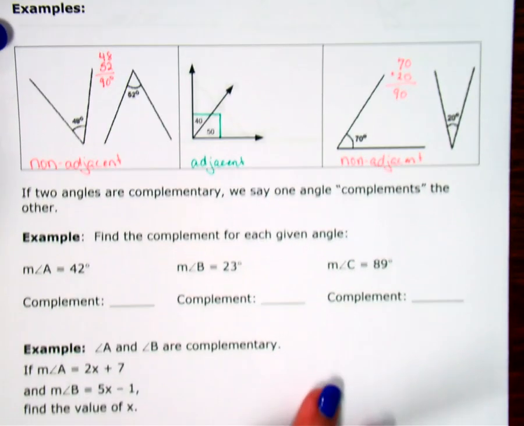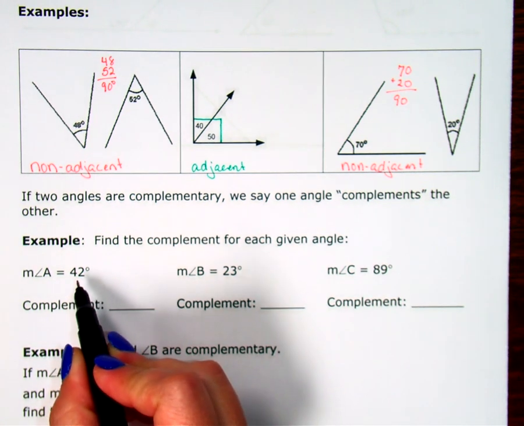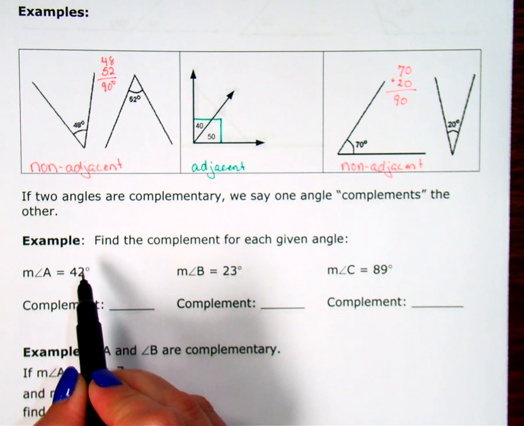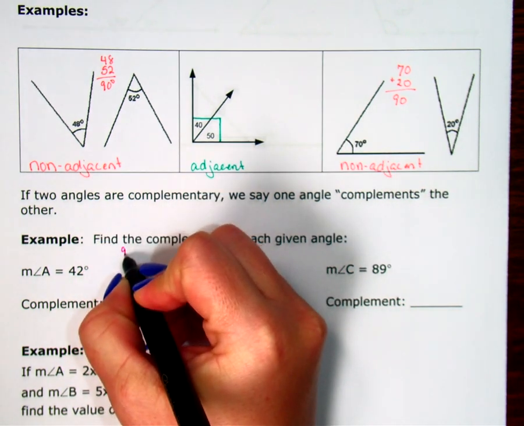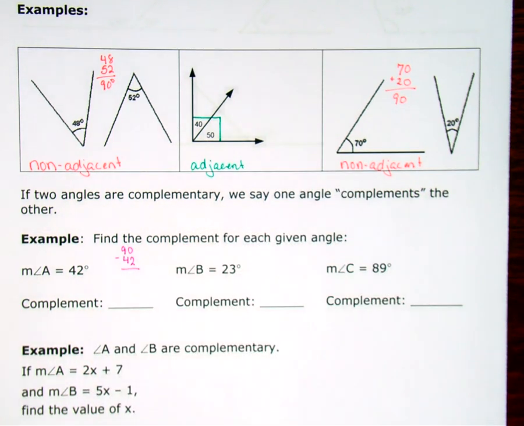So when it says find the complement for each angle given, I need to know how many more degrees do I need so that I make 90. So if I have 42 degrees, the complement of 42, I'm going to take 90 and say what is left after I take away the 42.